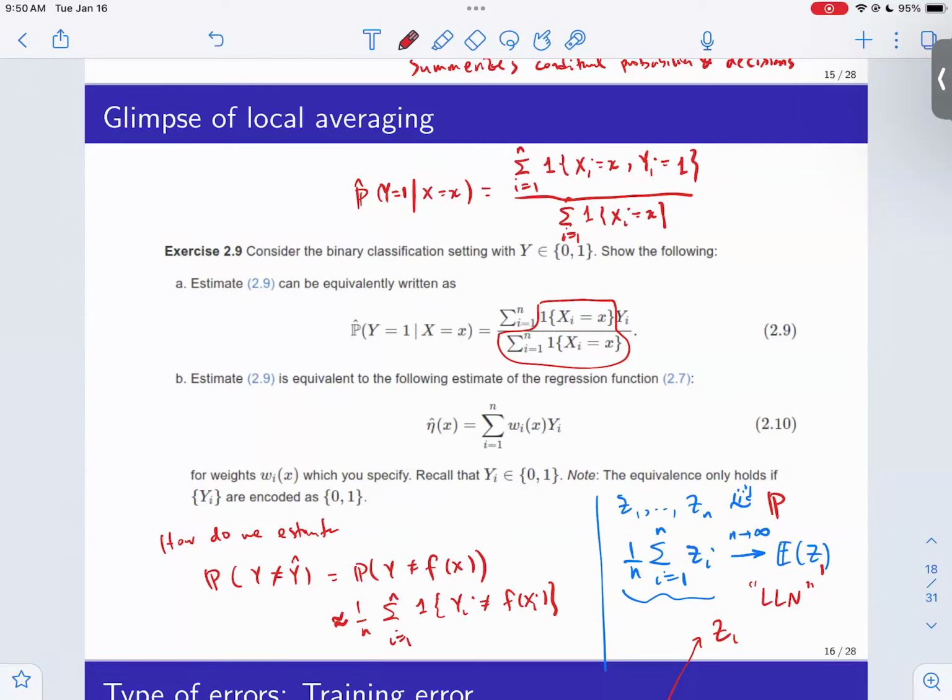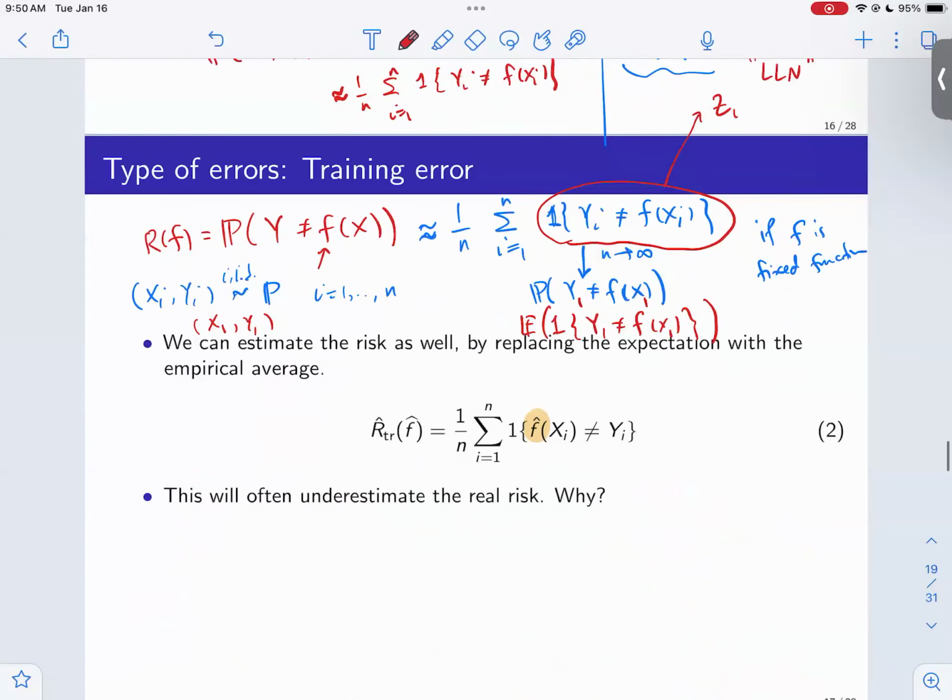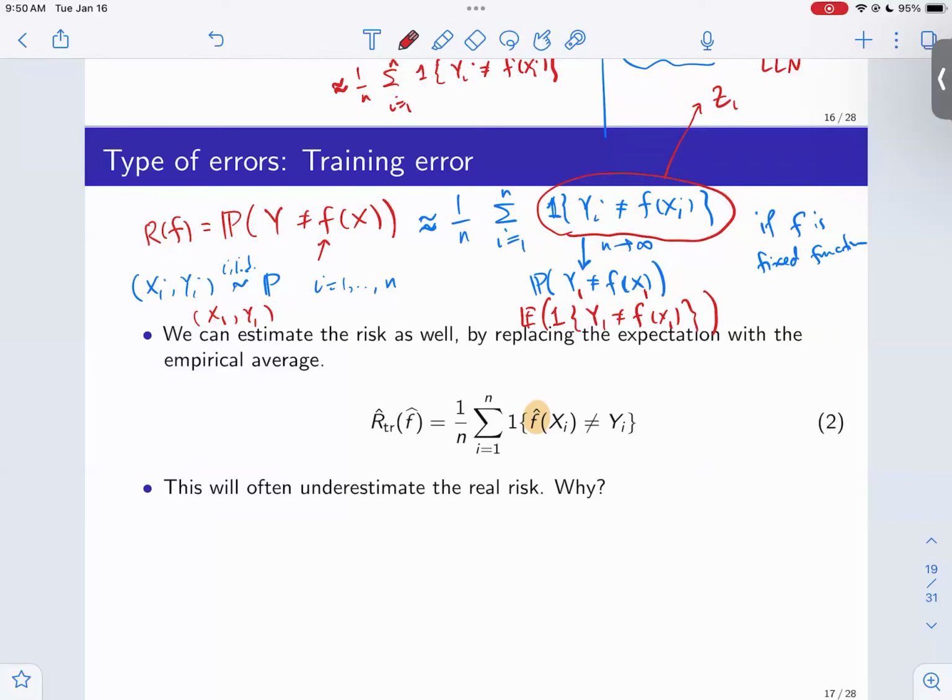That's the plug-in optimal rule. If you go through the argument that we did, that's the estimator that minimizes this training error. So if you minimize the training error under the 0-1 loss that we have, the estimate that comes out is that. So it seems like everything is good. I have this estimate of the risk, and I minimize it. That's my plug-in optimal rule. I can compute everything, so we should be fine, right?